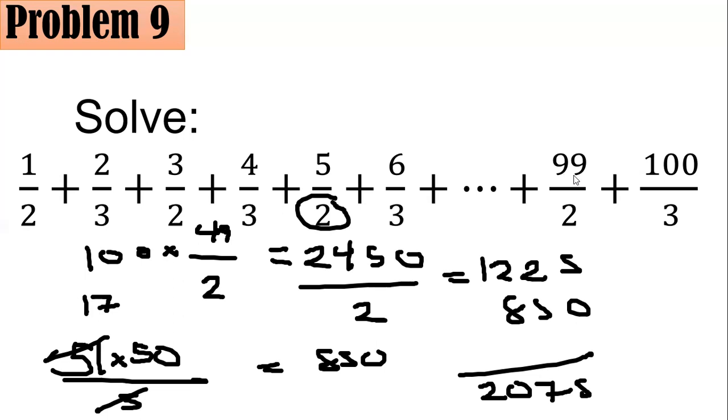We are actually expecting the sum of the odd numbers. 99 is the 49th odd number, am I right? It's 49 squared. So I'm expecting 49 squared. And what should be the denominator?